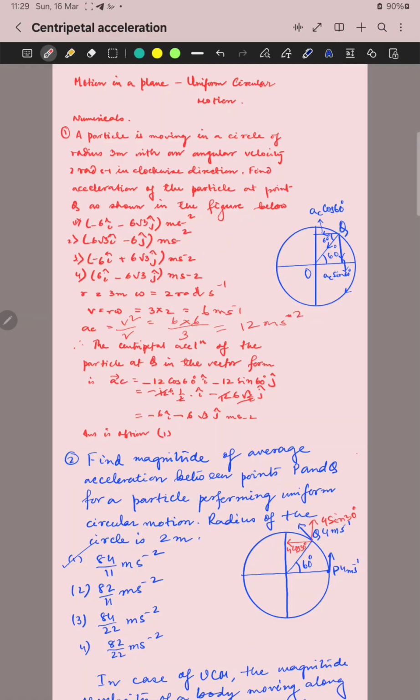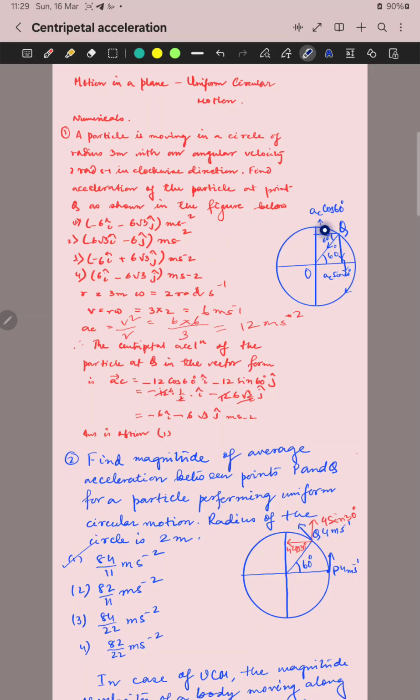Now this acceleration is resolved into 2 components, one along the y axis and another along the x axis. So the x axis component is AC cos 60 degree. Now we substitute the value of AC, which is 12, and cos 60 is half. And why have I taken this minus?